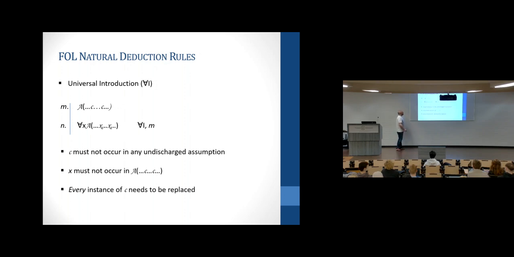So it's not in any undischarged assumptions, and the variable we want to plug in isn't already in the sentence. That's just to avoid clashes of variables. Then we can replace C with a universally quantified variable. Notably, the other restriction is that every occurrence of C has to be replaced.